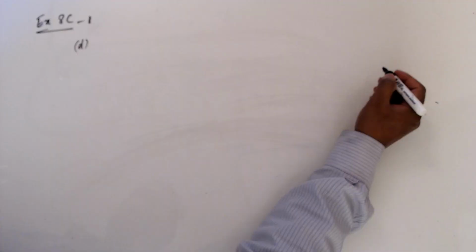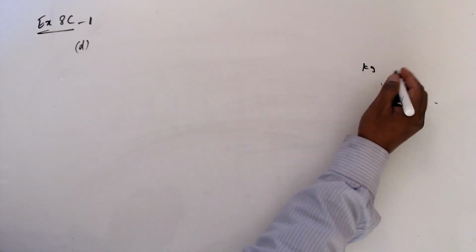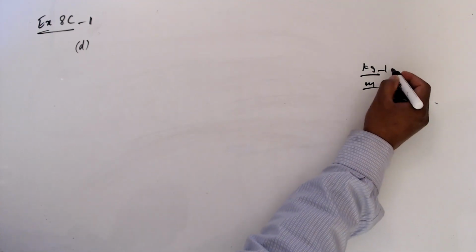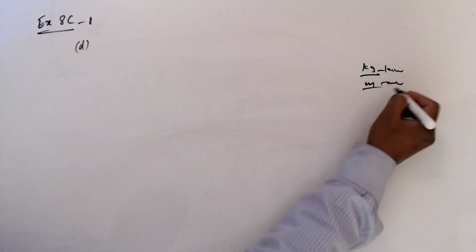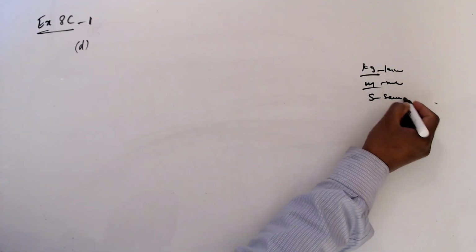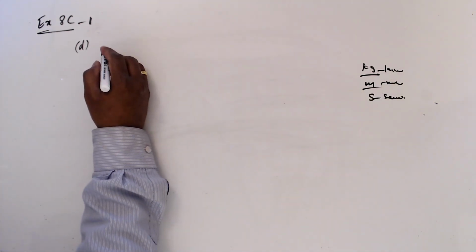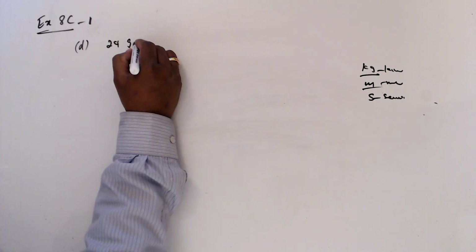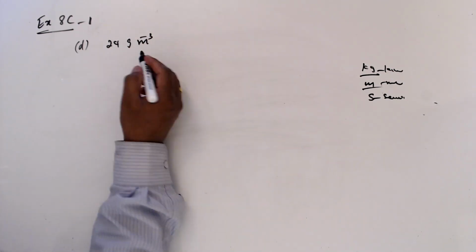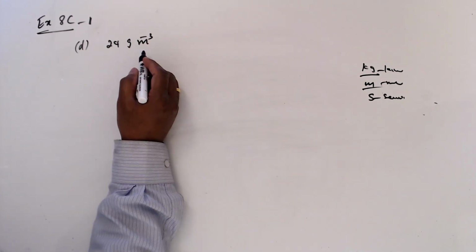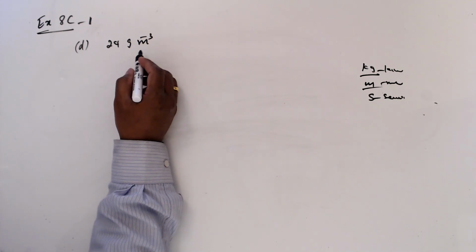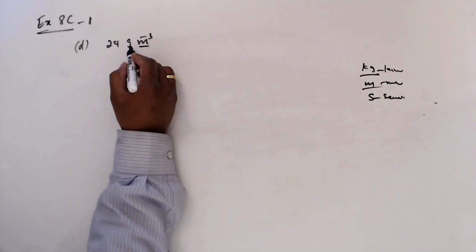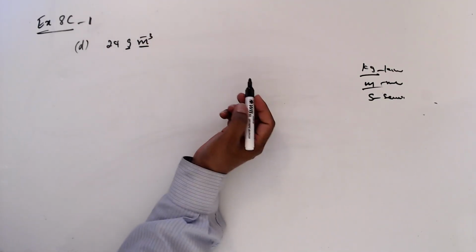So we need everything in kilogram, meter, and seconds. So now the part D, 24 G per cubic meter. So I can see that there is no problem. This is in meters. The only issue with this one is the gram.